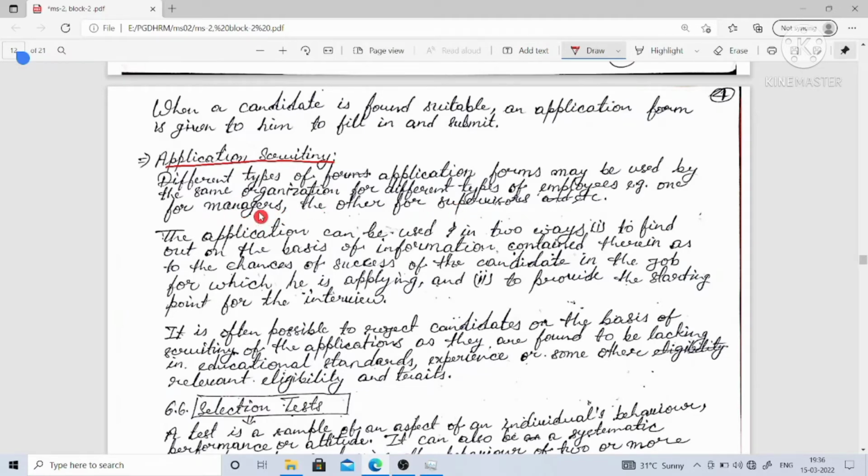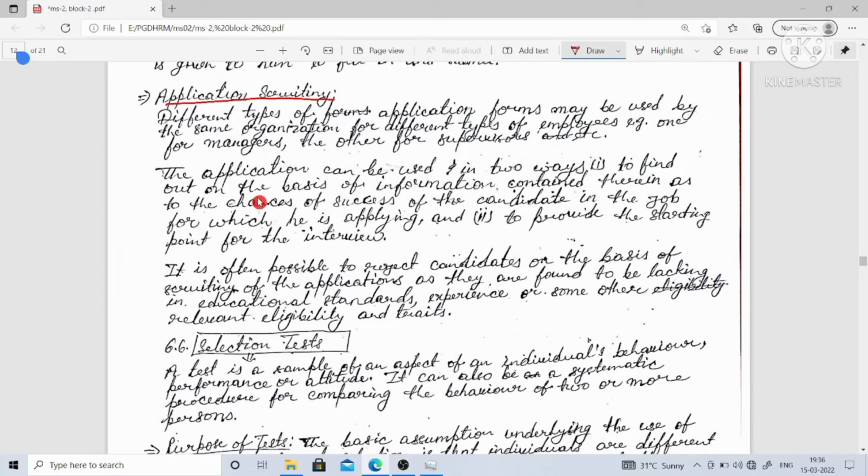The application can be used in two ways. So what are the different ways in which an application can be used? First, to find out, on the basis of the information contained therein, the chances of success of the candidate in the job for which he is applying. Whatever information is present in the application can be used to analyze the chances of success of the candidate.